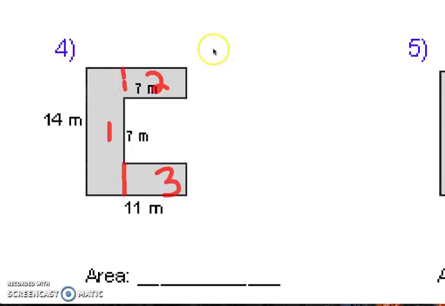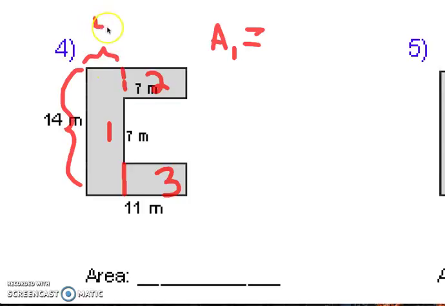So we're going to start off by finding the area of shape number 1. Shape number 1 we know has a length of 14, but we do not know what the width is. But from below here, you can tell that the whole length is 11, and we know this partial length is 7 meters. So we're going to subtract 7 from 11, and we get 4 meters.